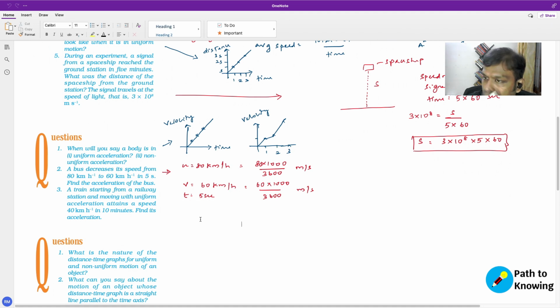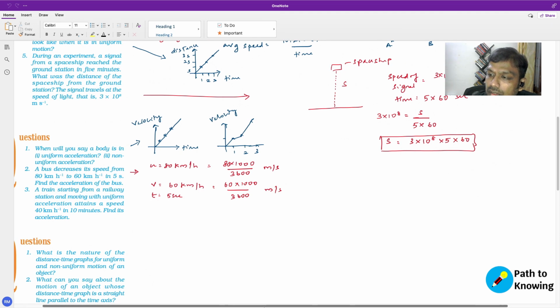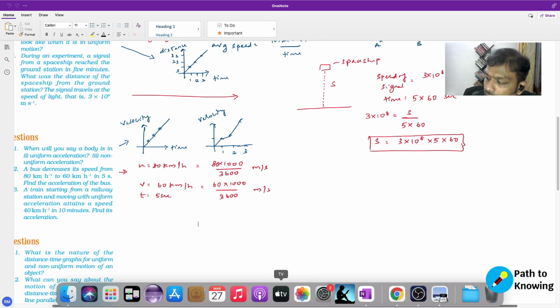So we learned through one of the equations of motion that V is equal to U plus AT, which means that 80 into 1000 over 3600 is equal to 60 into 1000 over 3600 plus A, which is what we need to find, and the t is going to be 5 seconds, so it is 5a.